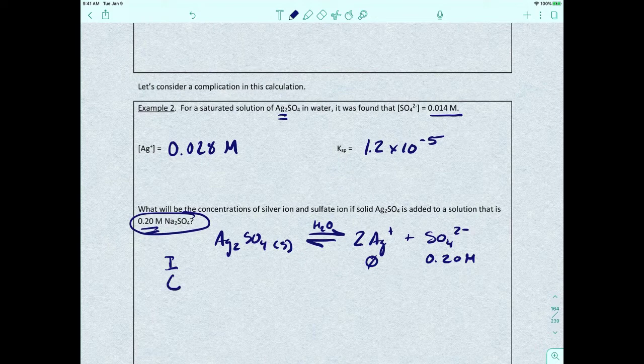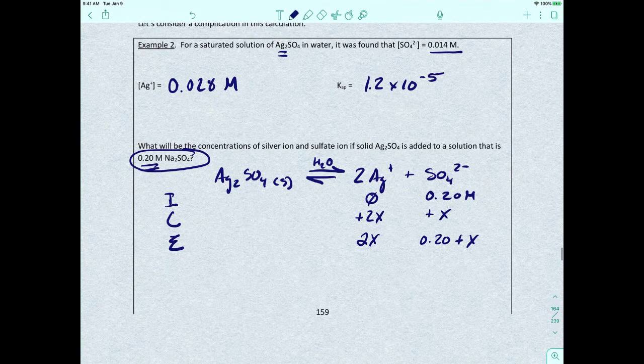The change in the silver ion has to go up by 2x, and the sulfate also has to go up by x. So at equilibrium, the silver is going to be 2x, and the sulfate is going to be 0.20 plus x.